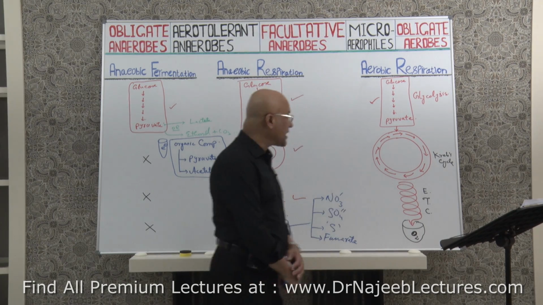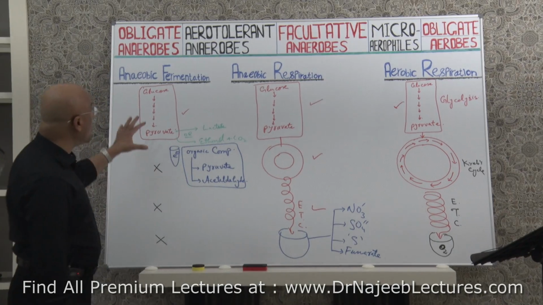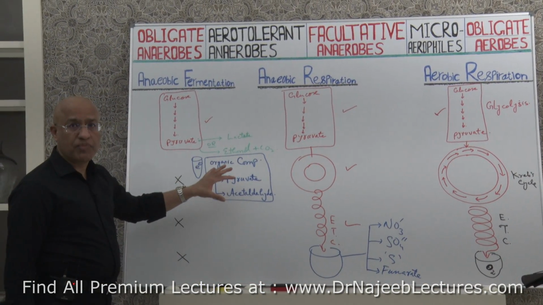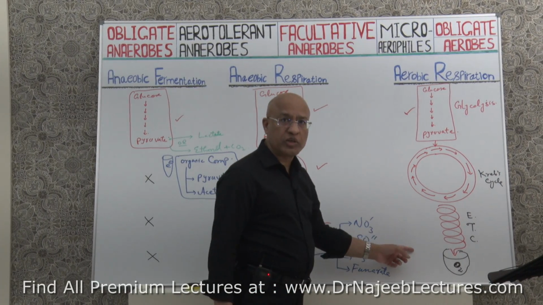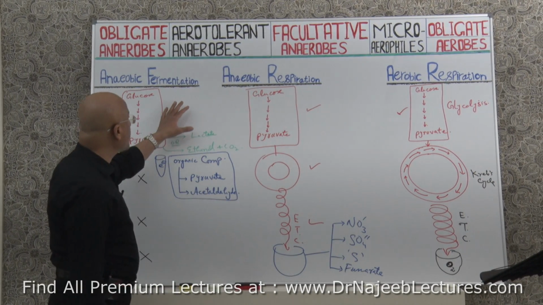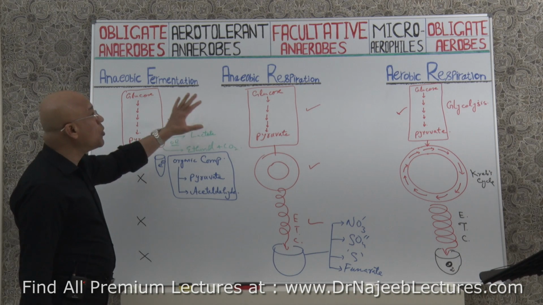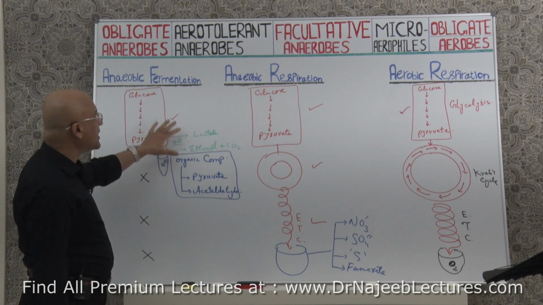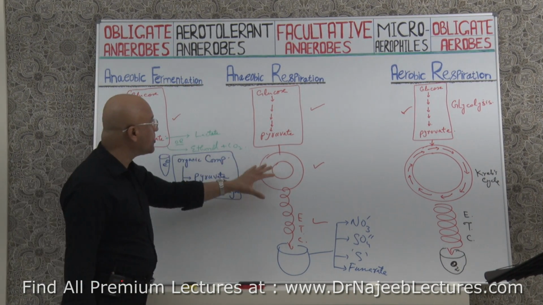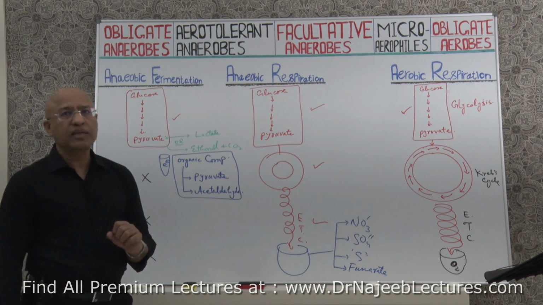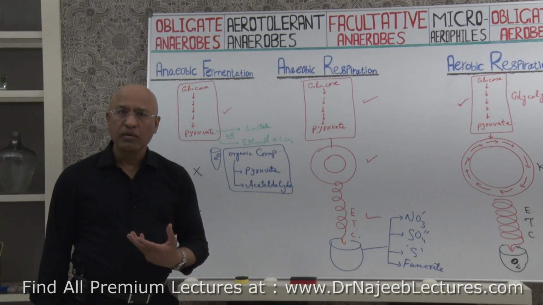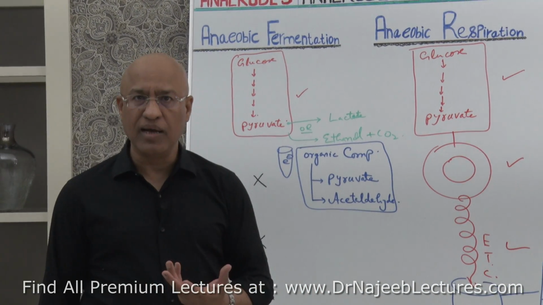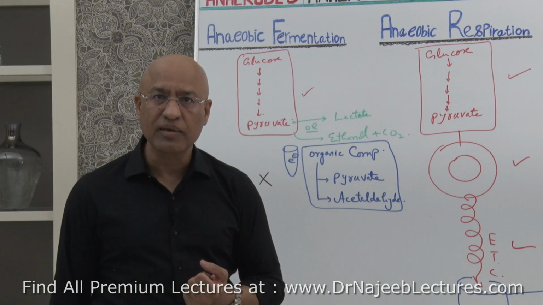If a bacterium can only produce energy anaerobically, by anaerobic fermentation or anaerobic respiration, and cannot use oxygen for energy, it will only be able to survive and multiply in an anaerobic environment.